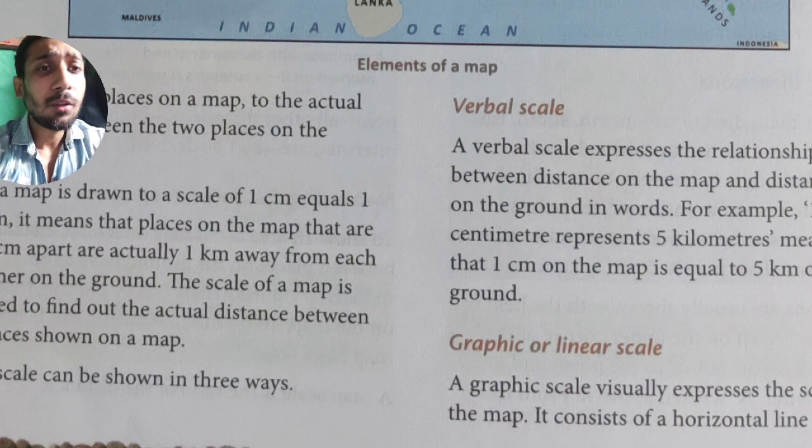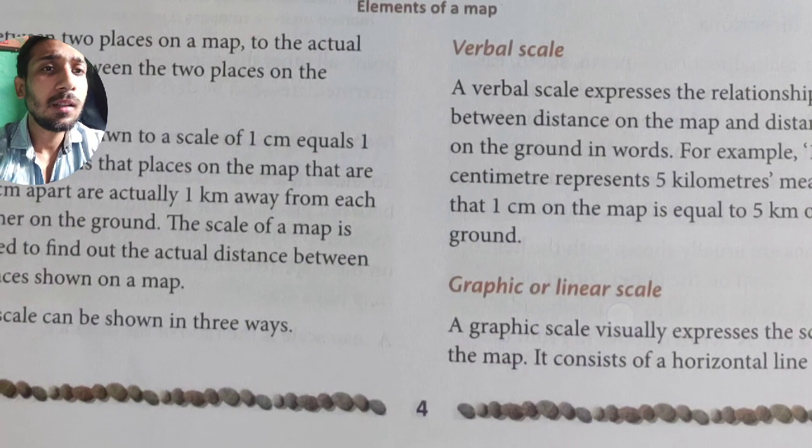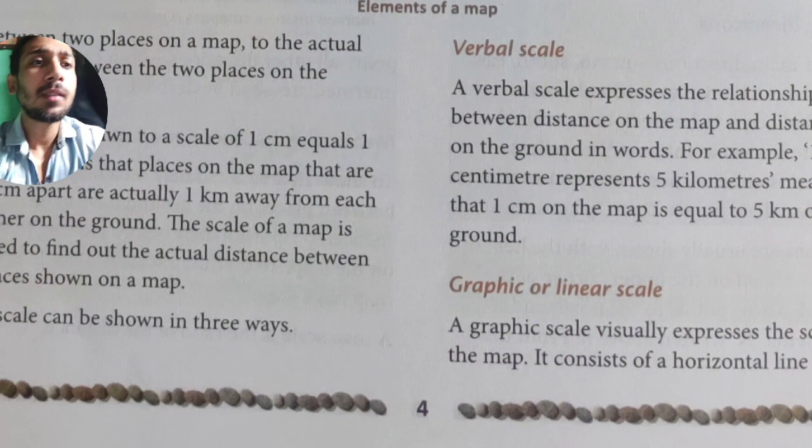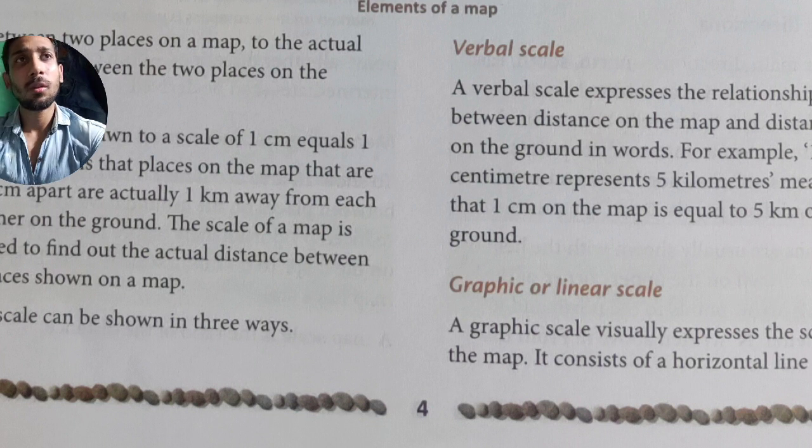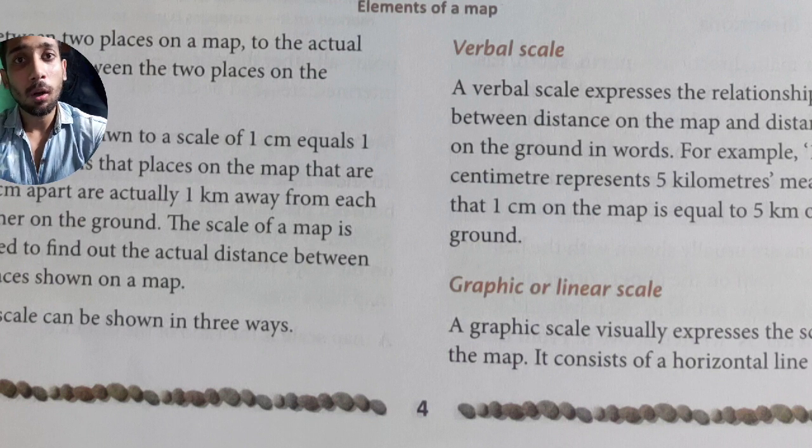So thereafter we will go for the graphic or linear scale. So graphic or linear scale mainly expresses the scale of the map, okay. So on the map you can see the horizontal and vertical lines, with different kinds of scaling plotted over there. Like we used to get the plotting on the scale, the same thing is plotted on the vertical and horizontal side of a map, okay.